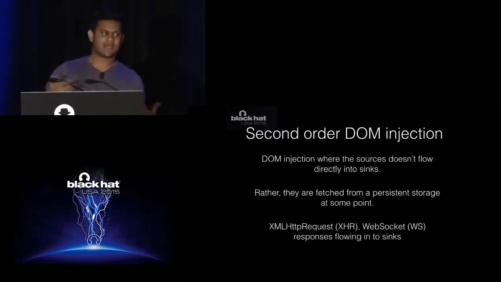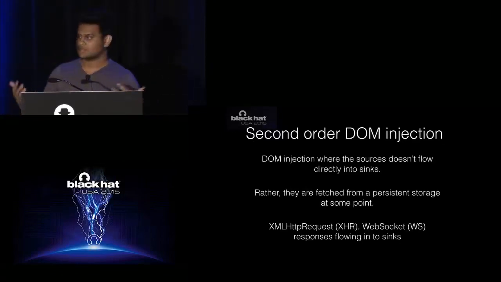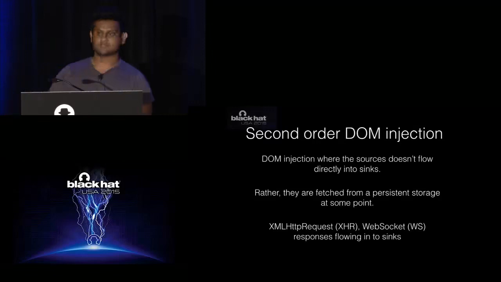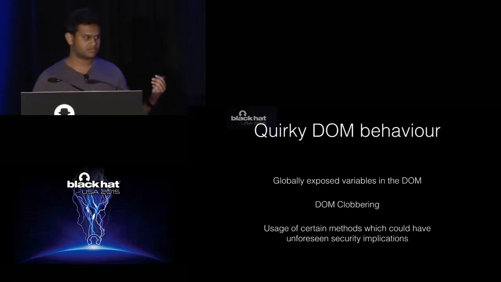So people haven't thought about XHR responses as a possible DOM source. I mean, we know that's a problem, but the tools have not been so good at finding this kind of thing. And also things like globally exposed variables in the DOM.